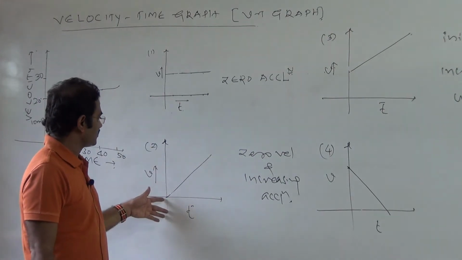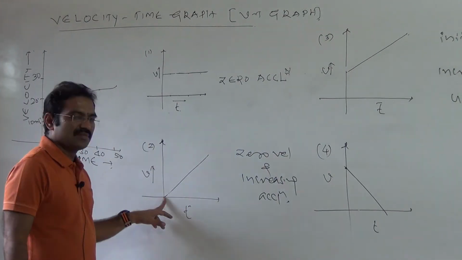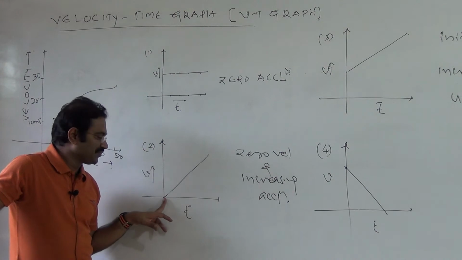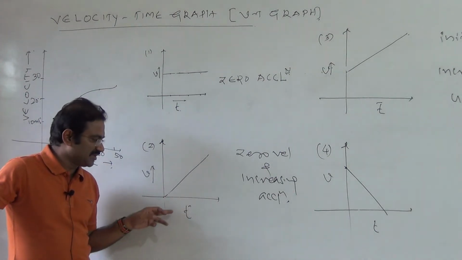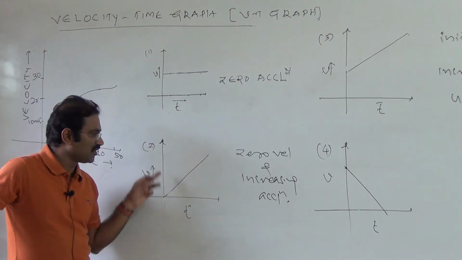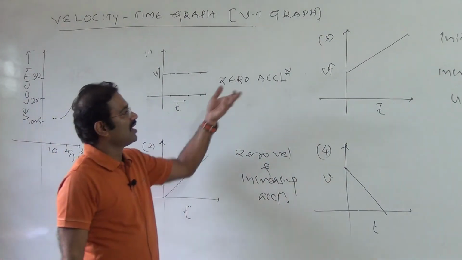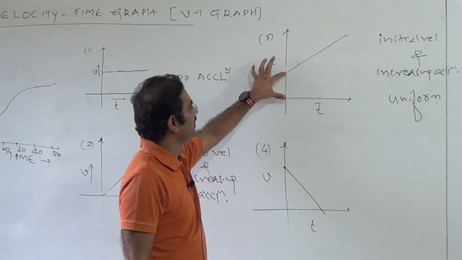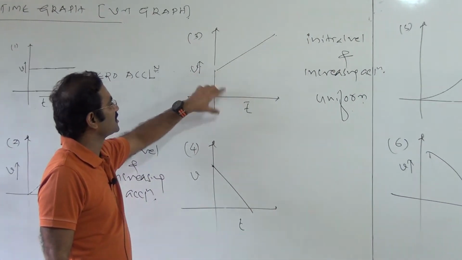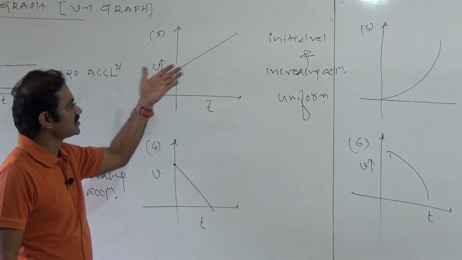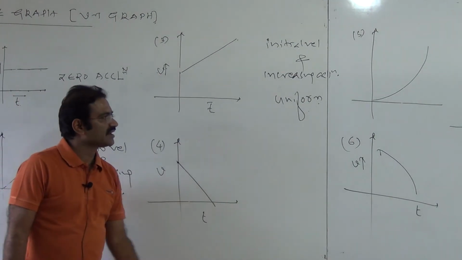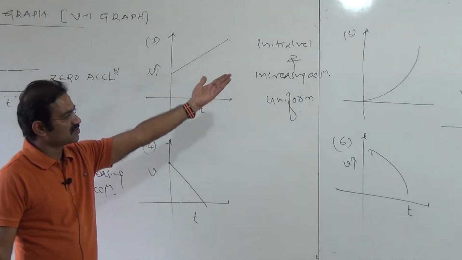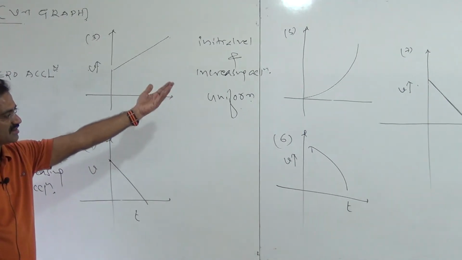The second one is, here the particle is at rest, but with the passage of time the velocity increases, and here the particle has a certain initial velocity and with respect to time the velocity increases, hence we write that as increasing acceleration.